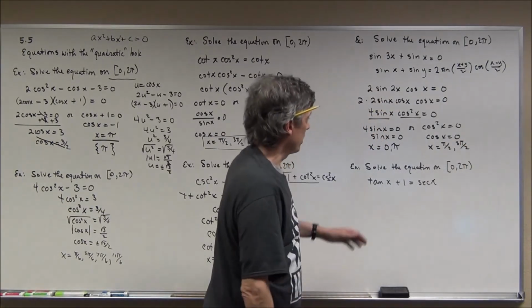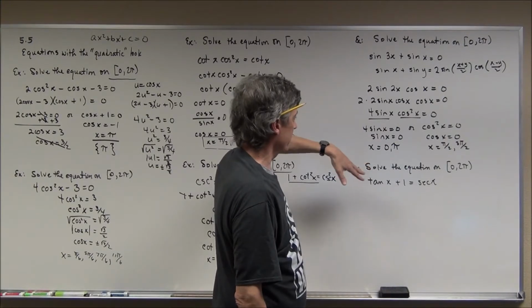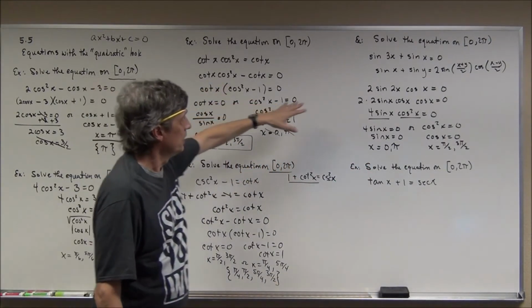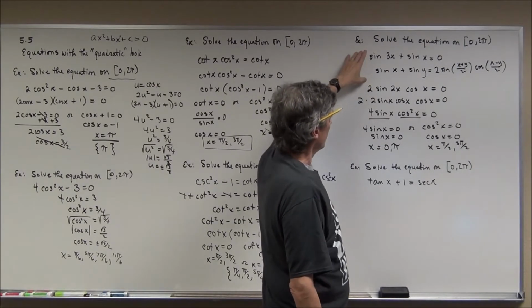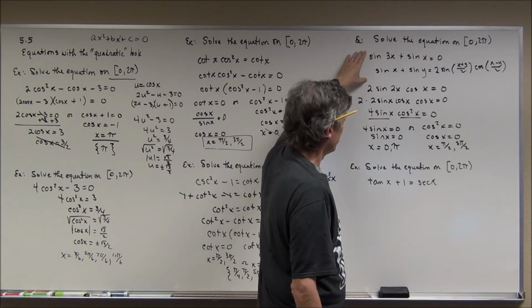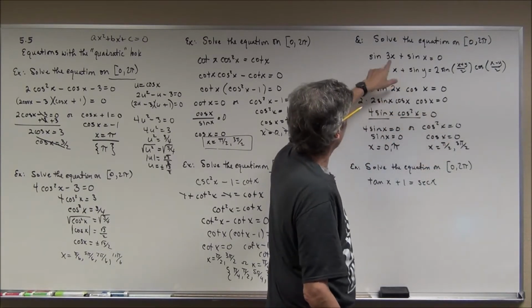Now, if you're wondering about somehow getting a 0 in the denominator like I did back here, nope, because all of your functions don't have a variable in the denominator. So now you can go back and check. I'll just plug one in. Let's plug 3 pi over 2 in.